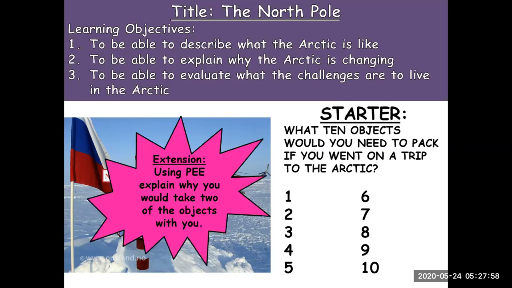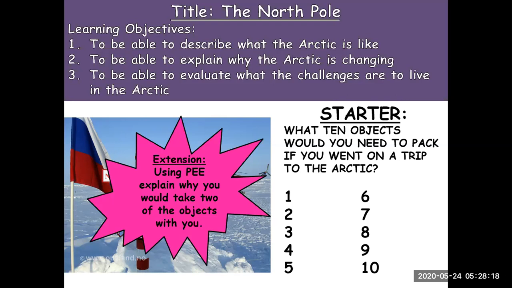Extension, using P. Explain why you would take 2 of the objects with you. So think about the 2 most important objects, the ones that you feel are a priority for you to take.